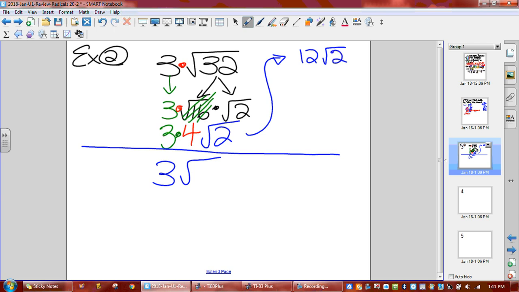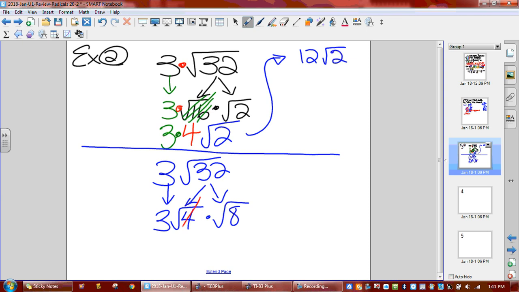So we could have root 32, and if we did it with root 4 times root 8, 3 comes down, we solve and get a 2, these guys multiply. So we could get another multiple choice possibility as 3 root 8, or sorry, 6 root 8.